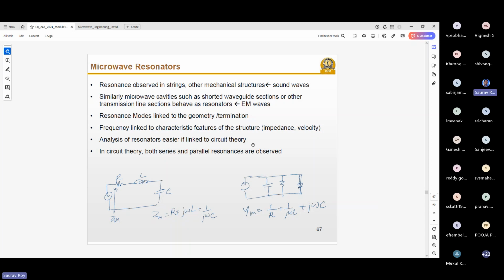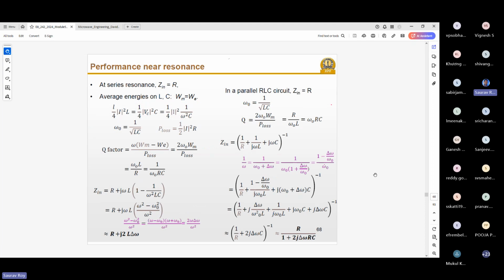Generally, the resonant modes, also called eigen modes, are linked to the geometry of the device or circuit, so the characteristic modes will depend on the structure. Now, if we calculate the Zin for this kind of circuit, because it has a resistance R connected, it's called a lossy resonator.